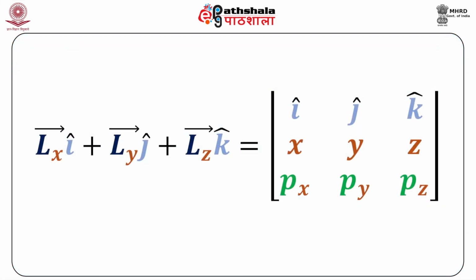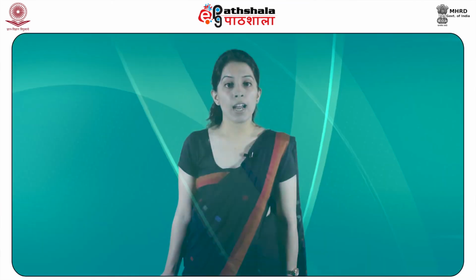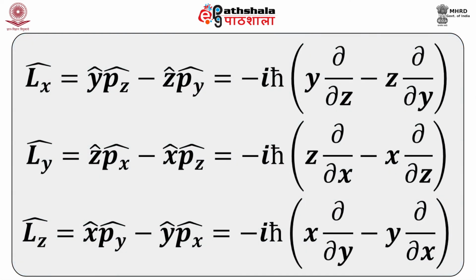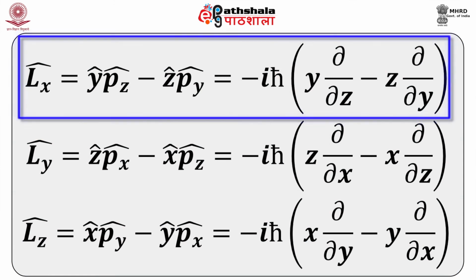In this module we defined angular momentum, which is expressed as the cross product of position and linear momentum, and the direction of angular momentum is always along the axis perpendicular to the plane of rotation. Further, we defined the quantum mechanical operators of angular momentum, which are given as Lx, represented by y pz − z py, and this is equivalent to −iħ(y ∂/∂z − z ∂/∂y).